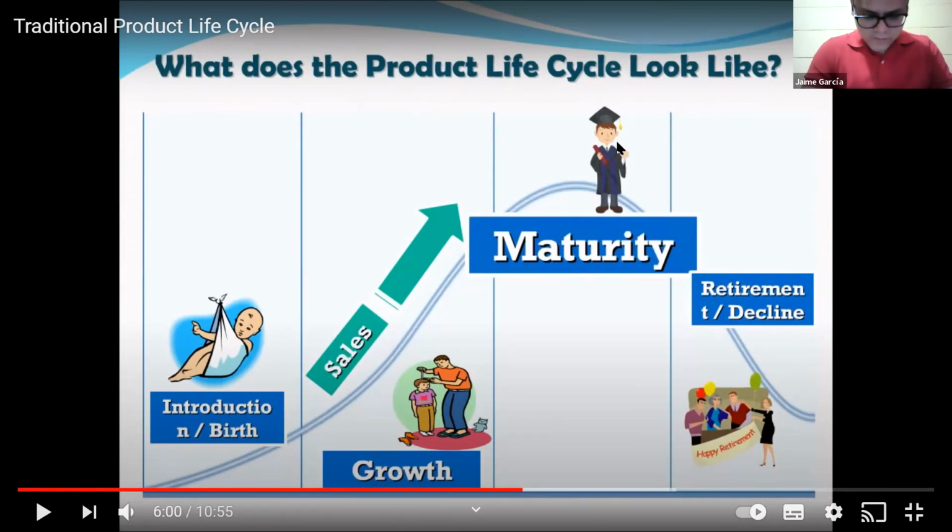It's when the product is launched in the market, and we're trying to keep the preference of the customers, with more competitors, and make an effort to keep the product in the market. Okay.